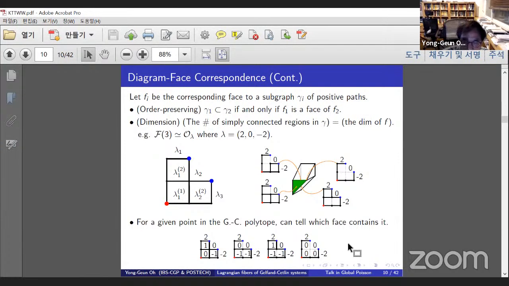for example, let's see. These are the ones: gamma 1,2, gamma 1,1, gamma 2,2. These are coordinates of this R3. So each face is determined by those inequalities.